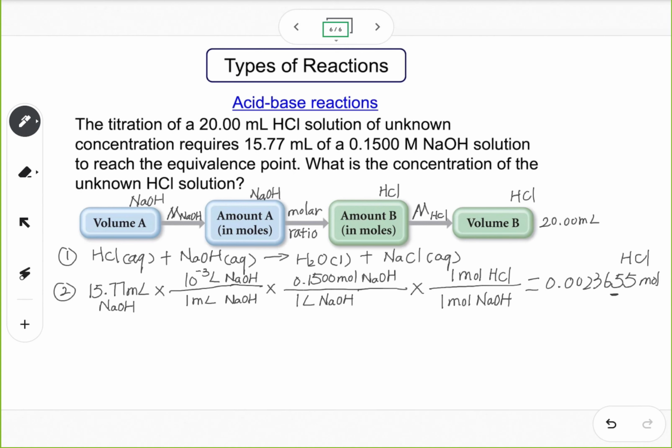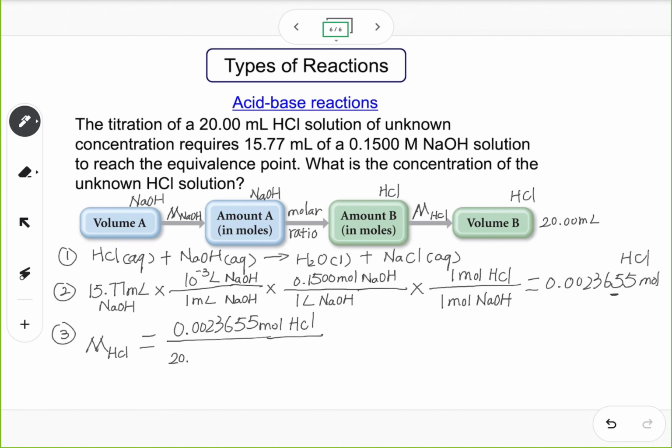Now the last step, step number 3, you have the mole number of HCl already, and the volume of HCl is given, 20 ml. So the M HCl equals 0.0023655 mole HCl divided by 20 ml.